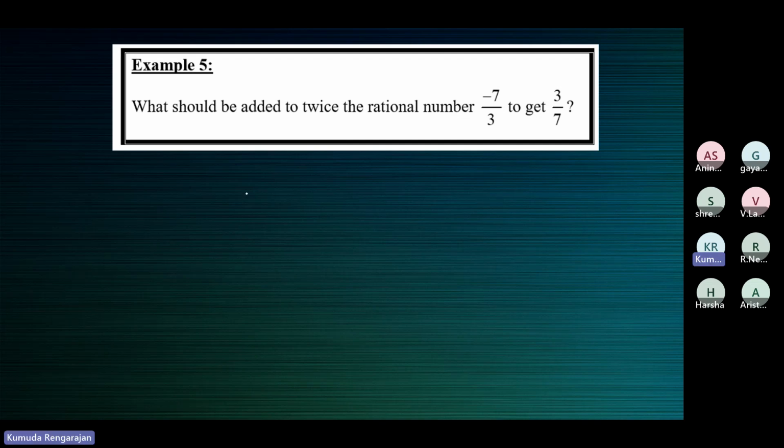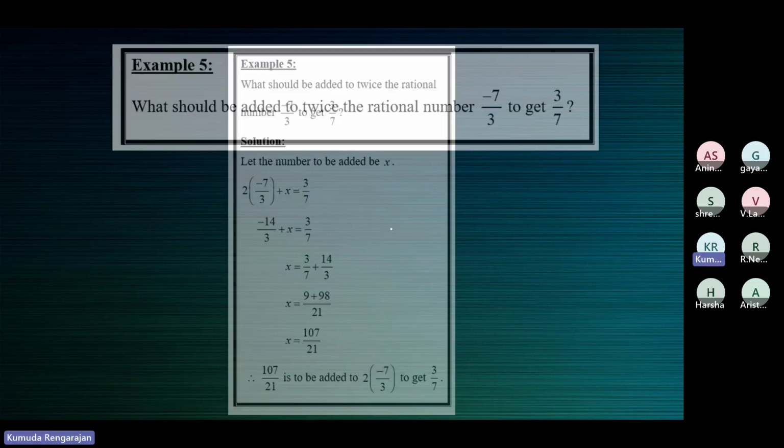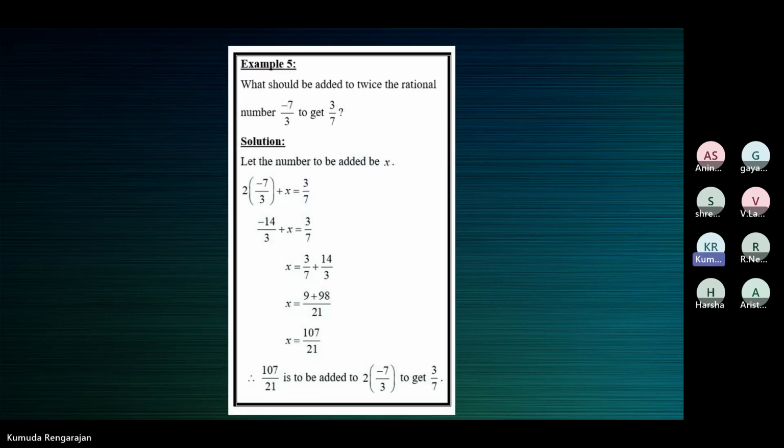Let x be added to twice the rational number minus 7 by 3 to get 3 by 7. Work this out, children. You can see the answer also. This is a simple one to solve, so you can help yourself.